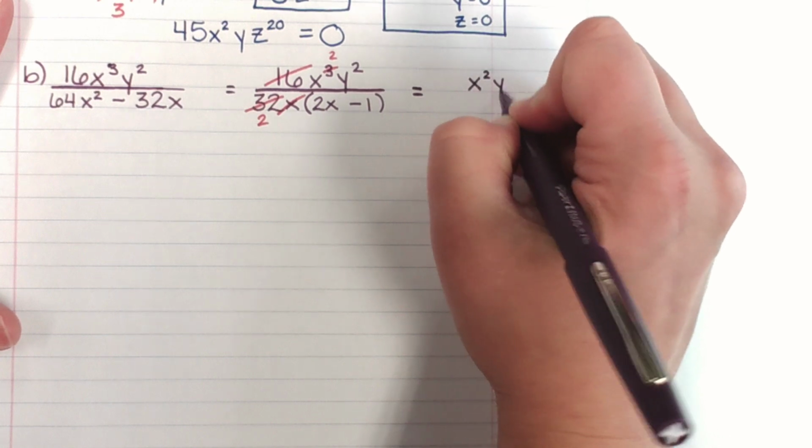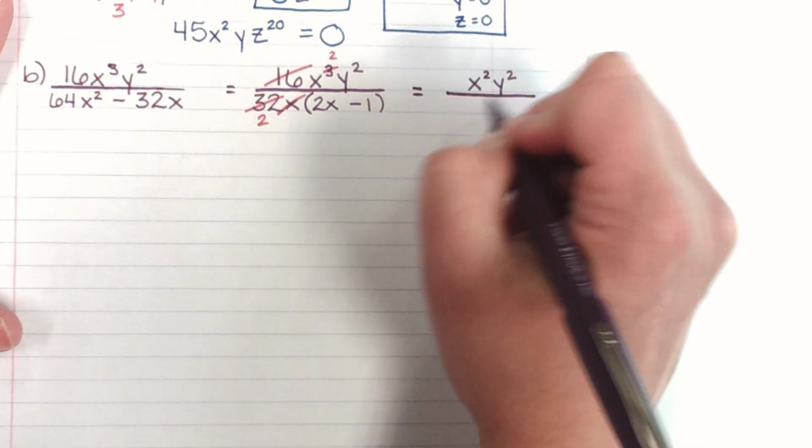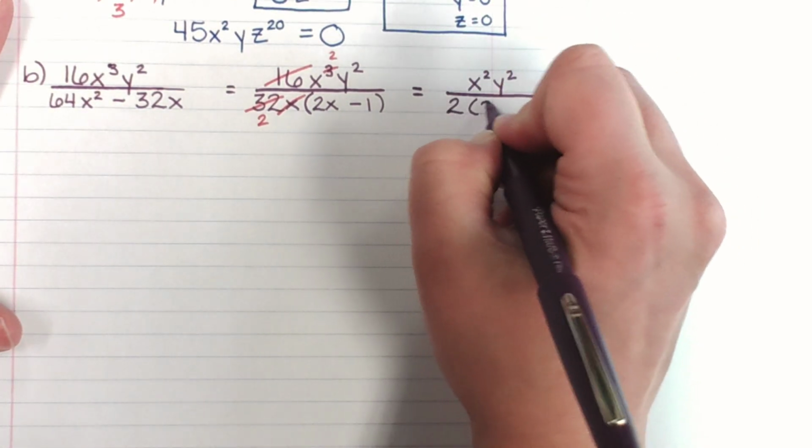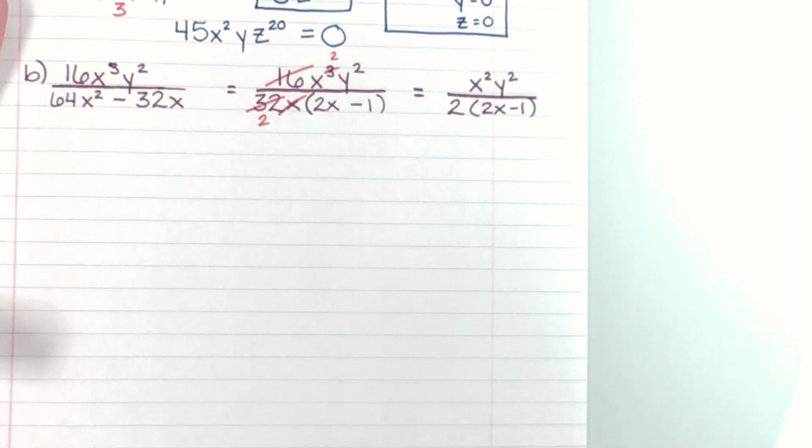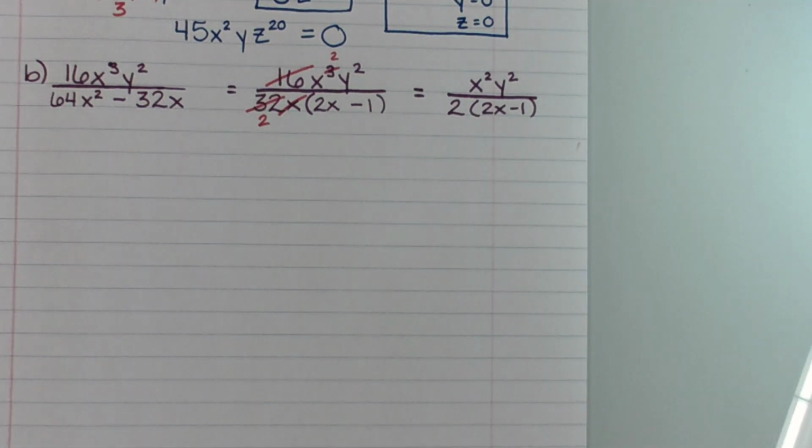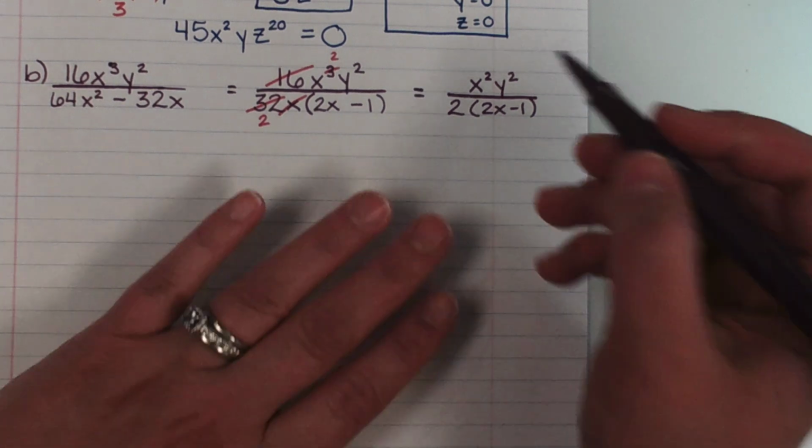X squared y squared on top over 2 and parentheses 2x minus 1. I could have had the 1 on top. I don't tend to write it. You can distribute the 2 back through now that it's simplified. I don't require that. I personally leave it like this.